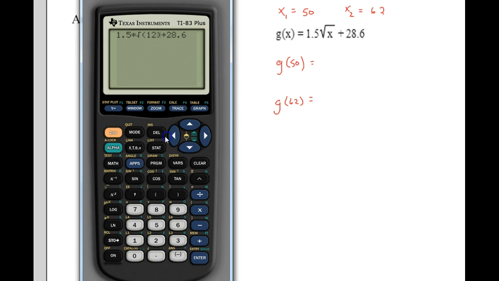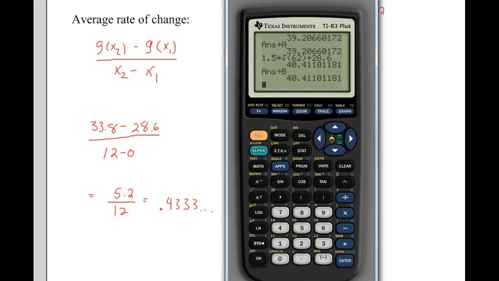I'm going to change this to a 50 and use the store button: store to alpha A, and now the letter A is that number. Then I'll bring back our formula, change the 50 to a 62, and store that as B.